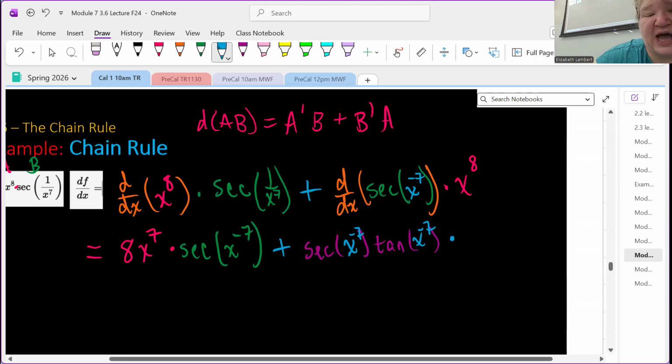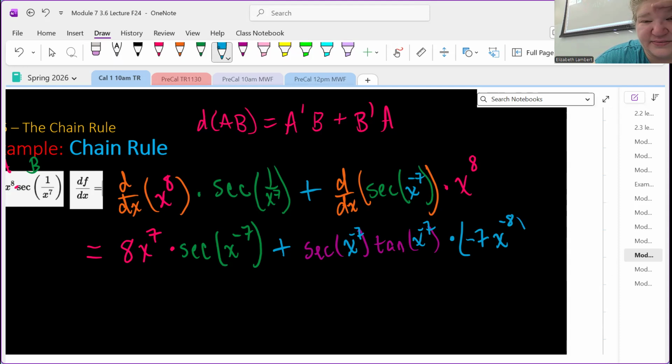And then we're going to do times the derivative of the inside. The derivative of x to the negative 7th is negative 7x to the negative 7 minus 1, which is negative 8.